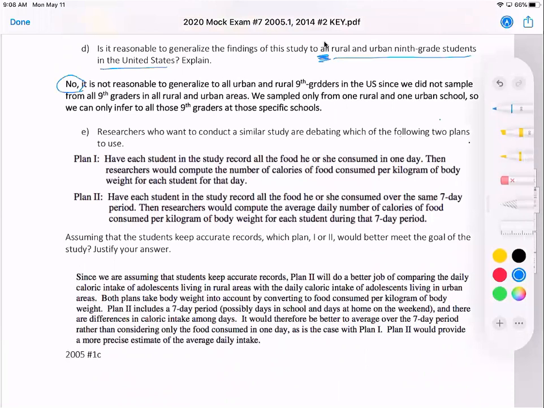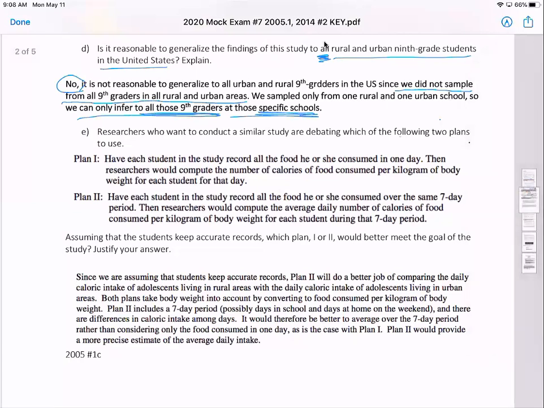No, it's not reasonable to generalize because we did not sample from all 9th graders in all rural and urban areas. You could probably get an E if you left it at that, but a stronger response would say what can you infer to? We can only infer to the 9th graders at those specific schools. So that was D, a little bit of writing on that, but not too much.